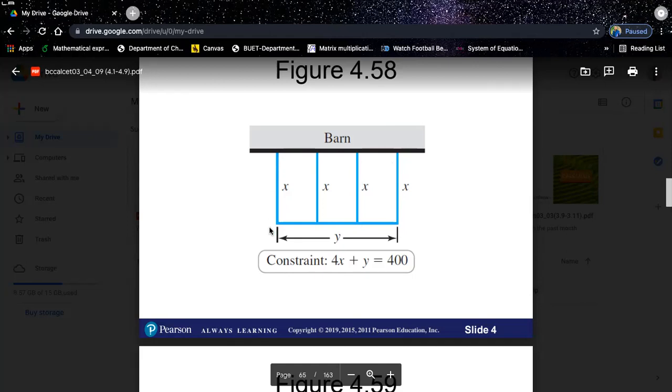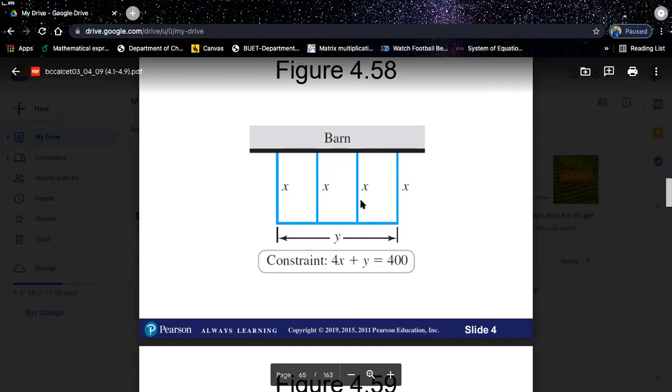We need 4 of the same length. As I said, we'll make fence around the 3 sides and 2 in between in this direction. If this side length is x, then if I make a fence like this in between anywhere, shouldn't it be x as well?